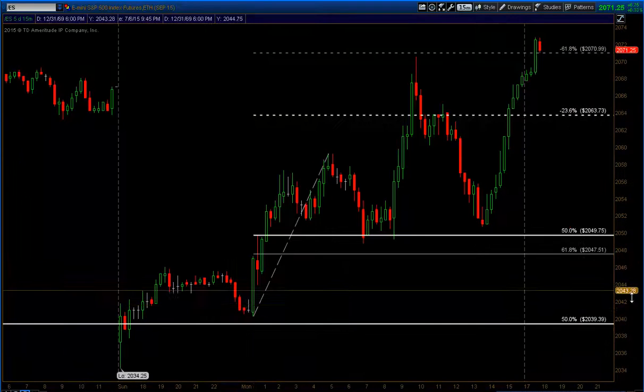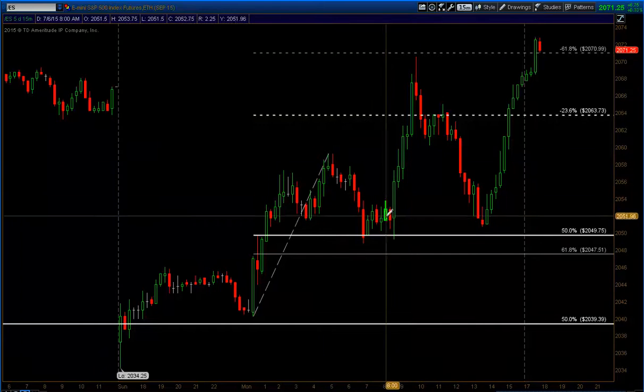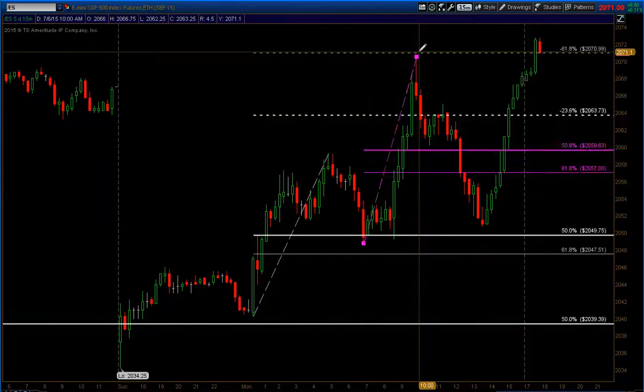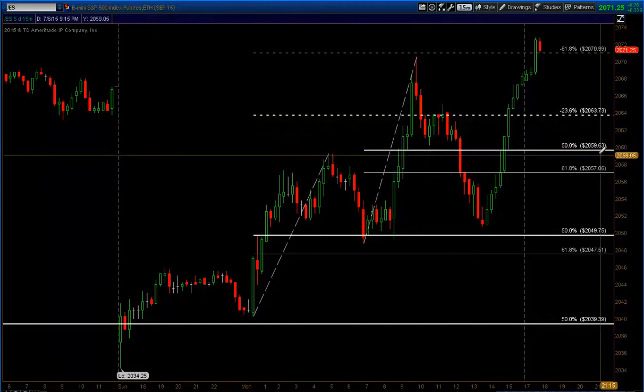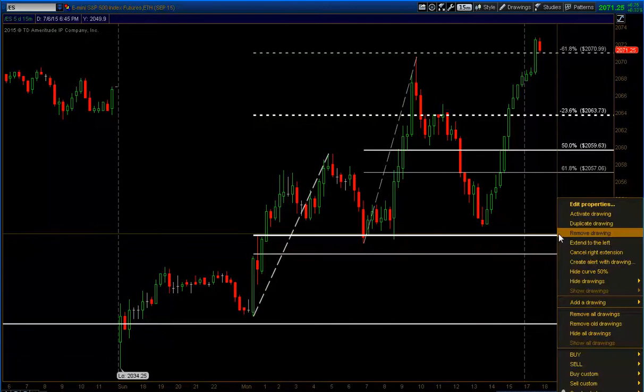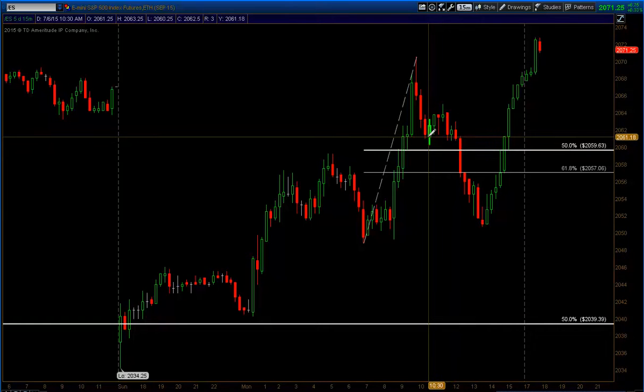But because the 15 minutes were so clean and even pushing through the negative 23, I just drew up the next 15-minute setup and was looking for a move long at 2059.63, round up, add a tick, 2060, and we didn't get quite there.